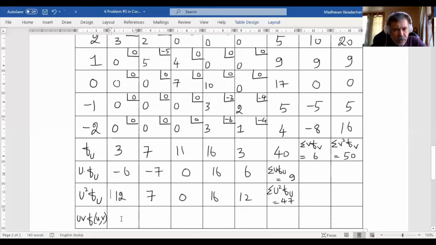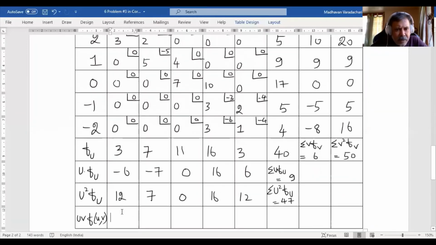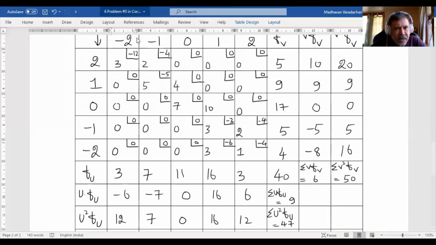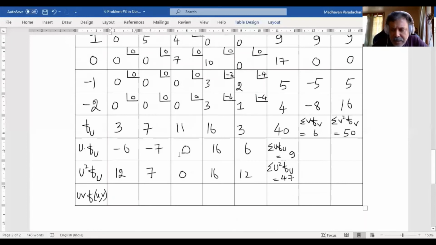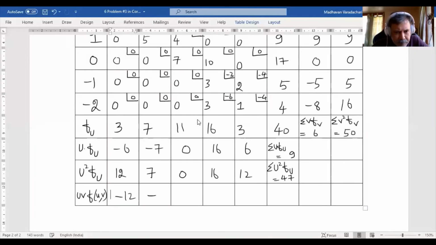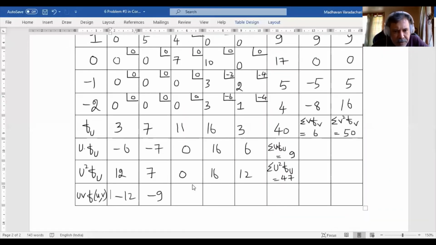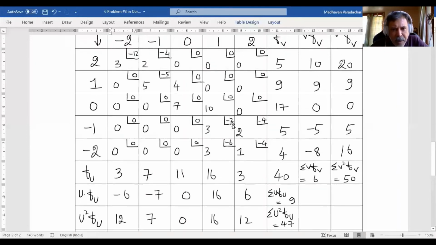Now, let us do this. Whatever is there in the boxes, I need to add. Then finally, I can have a total summation. Minus 12 plus 0 plus 0 plus 0 plus 0. So here it is minus 12 only. The next boxes, minus 4, minus 5. It is minus 9. Then this boxes, everything is 0. So here it will be 0. Here the boxes, only minus 3 and minus 6.